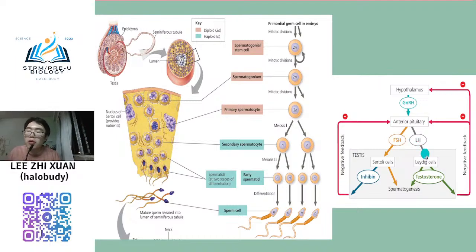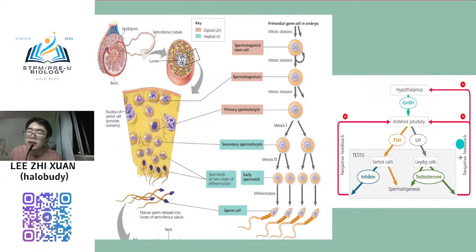These two hormones are responsible for secreting testosterone. LH is responsible for secreting testosterone, and FSH is responsible for secreting inhibin. This acts as feedback to tell you when the cells will undergo spermatogenesis to produce sperm and when they will not.